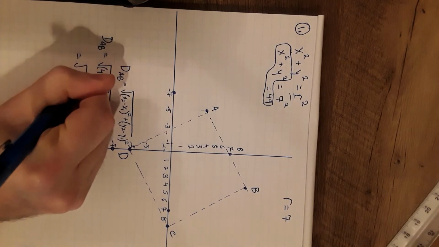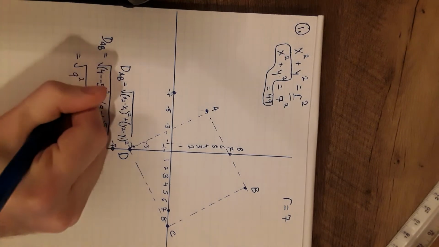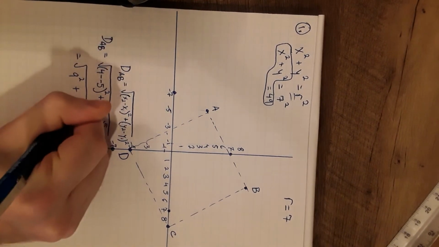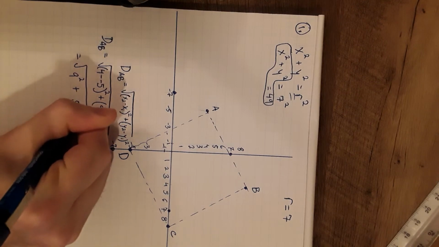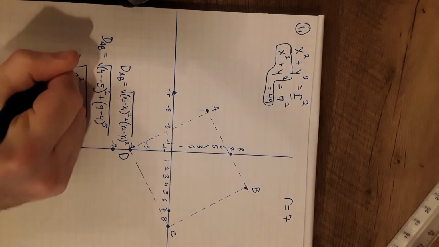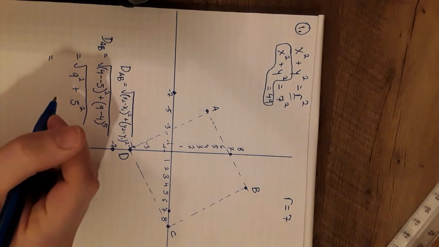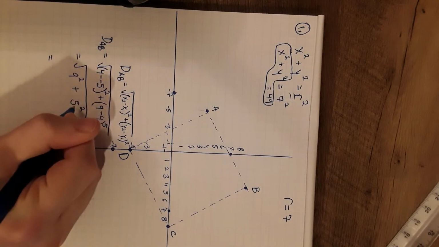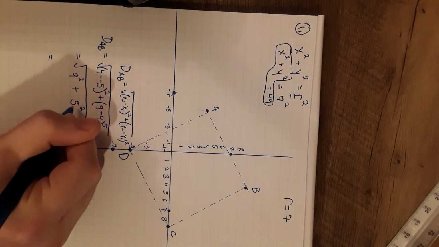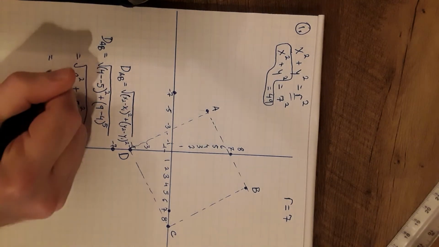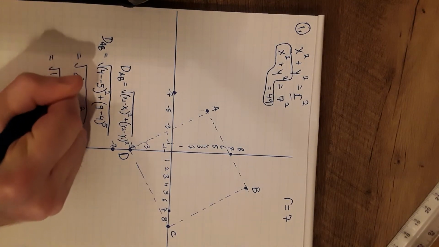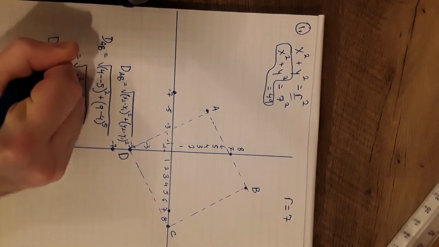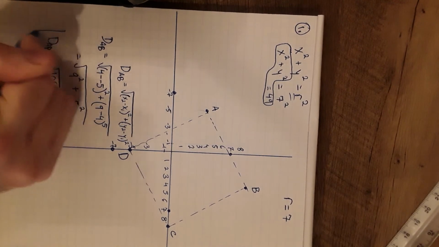So that's 9 squared, and you square it, plus 9 minus 4 all squared is 5 squared, which will equal, that's 81, so 81 plus 25 is 106, yeah, it'll equal the square root of 106. So that's just doing it once.